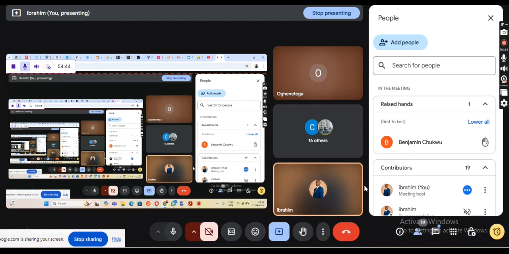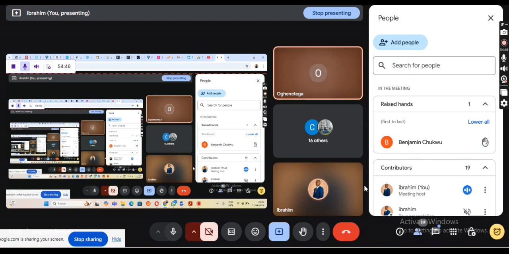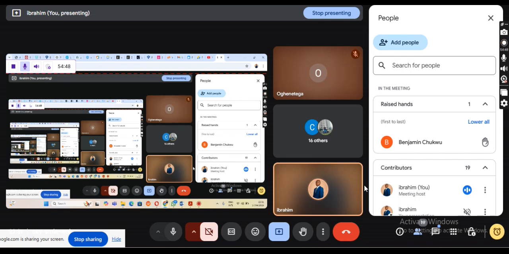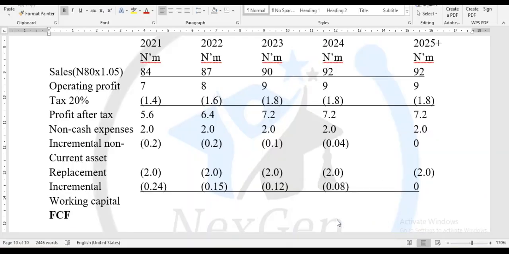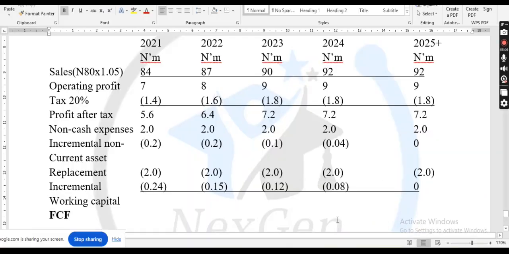I'm sure that I added replacement of non-current assets. If you replace an asset, what is the implication? It will reduce your cash flow. Even if I did not add it, replacement of non-current assets will reduce your cash flow, and that is why you need it. Do you get? Yes, sir.